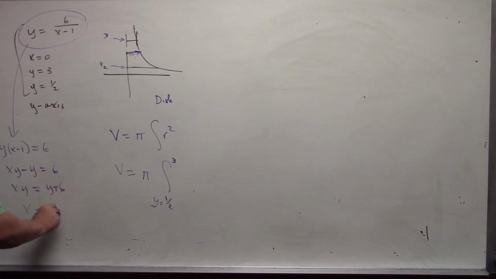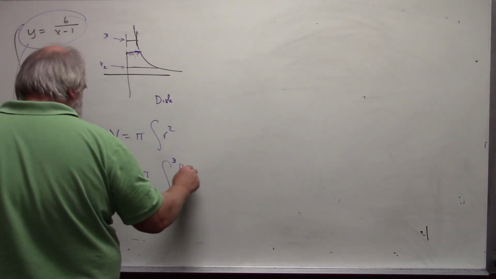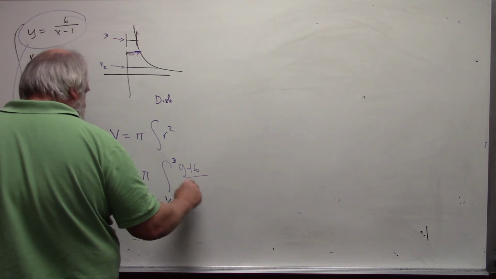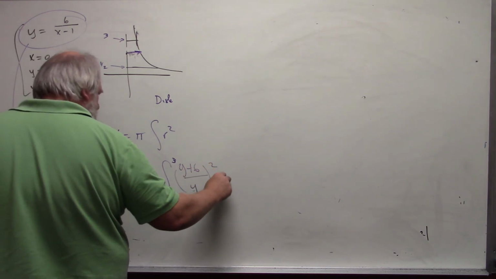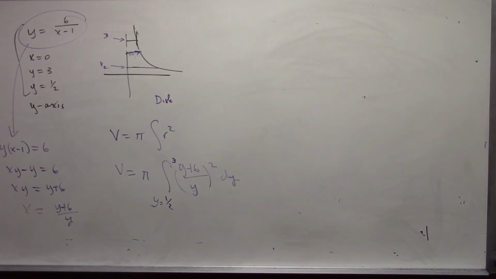And so x is equal to y plus 6 divided by y. And so in this case, we get y plus 6 over y quantity squared dy. And I'm just going to set that up for time constraints.